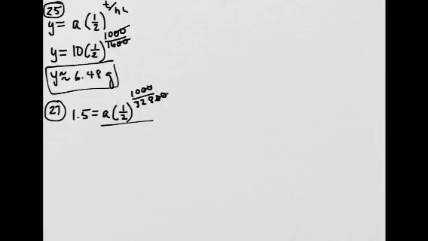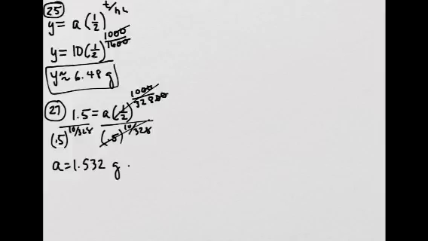Then we're going to divide both sides by 0.5 to the 10 over 328. That way this side is gone, and you have A by itself. And you started off with 532 grams.